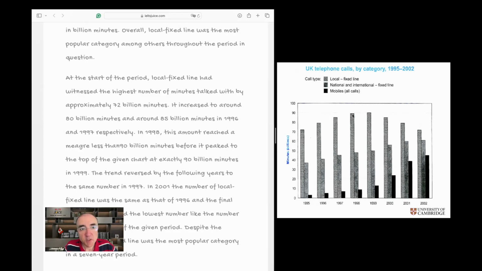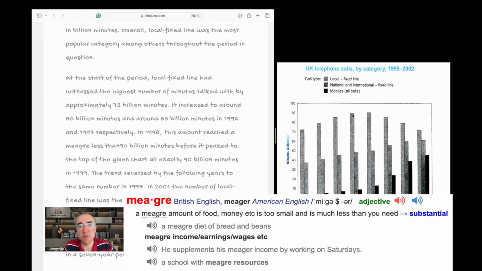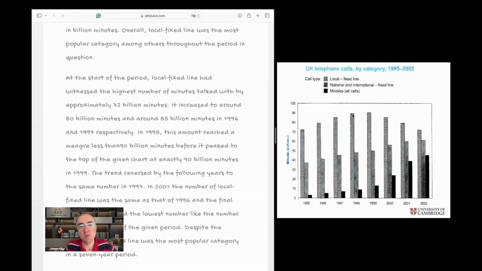This amount reached a meager less than 90 billion minutes. Meager. I don't think the writer knew the meaning of meager. That's not how it is used. Again, maybe the writer wanted to say that it reached slightly or just under 90 billion minutes before it peaked.